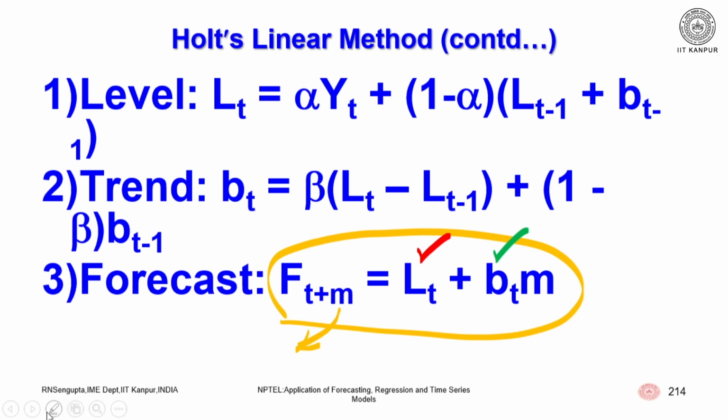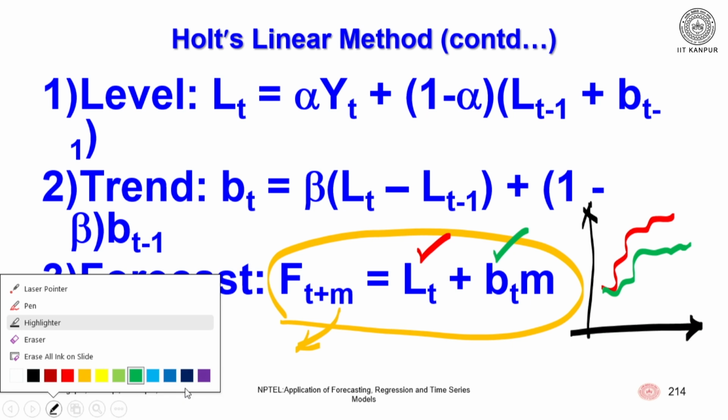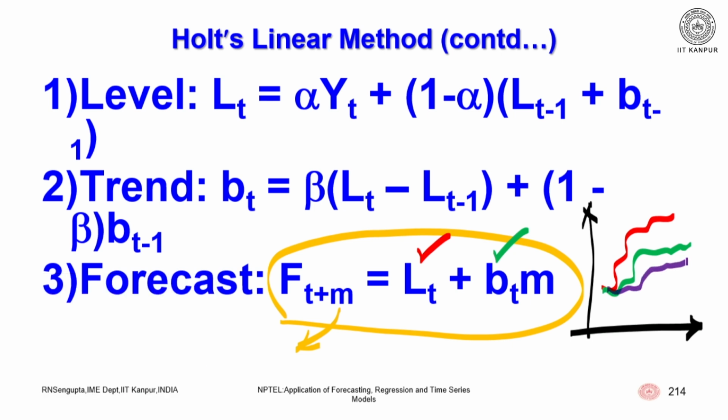Here, if I draw the diagram, again I am going to use the y axis and the x axis, where along the x axis you have the time and along the y axis you have the values. If I plot all the 3 diagrams, one is red, one was green, and another I am considering as violet. The starting point of the level for all these 3 is the same. B means the per unit change.